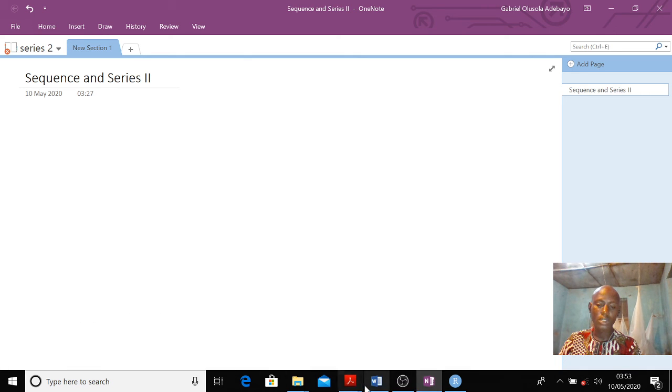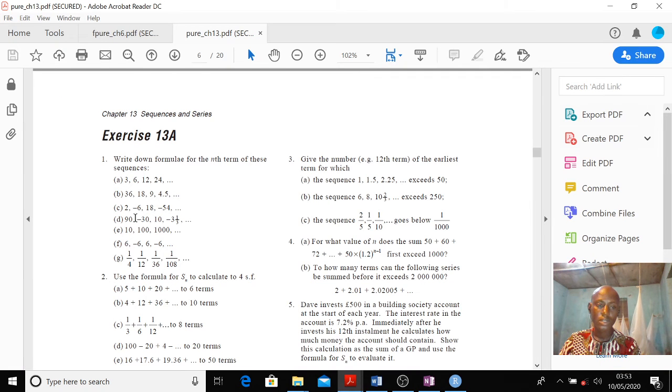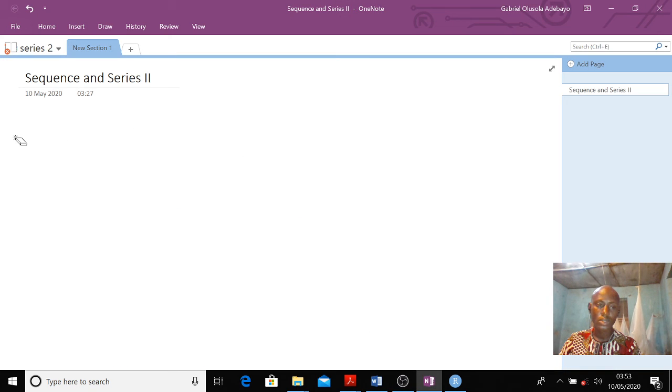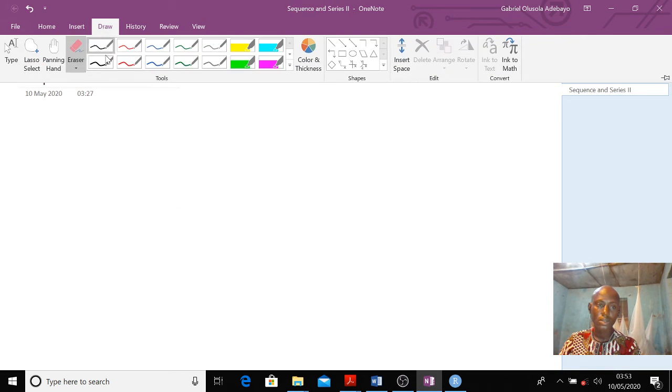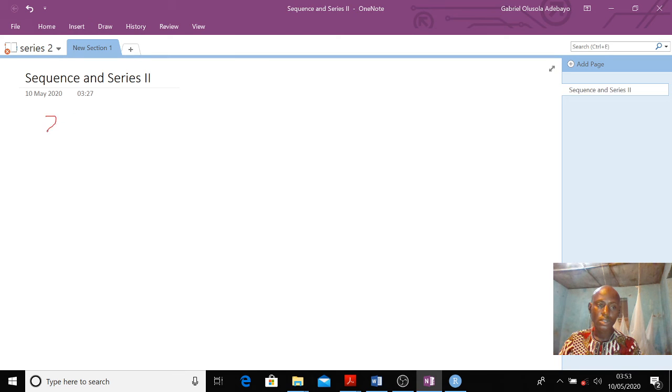What is there in 1A? 3, 6, 12, 24, dot dot dot.